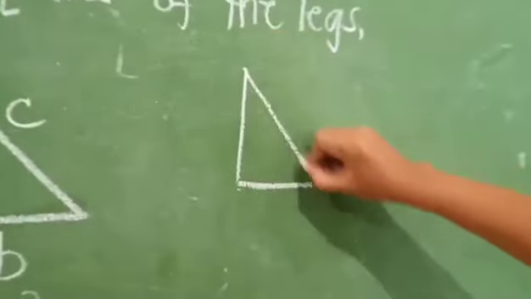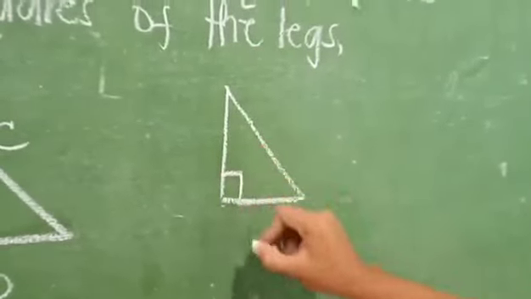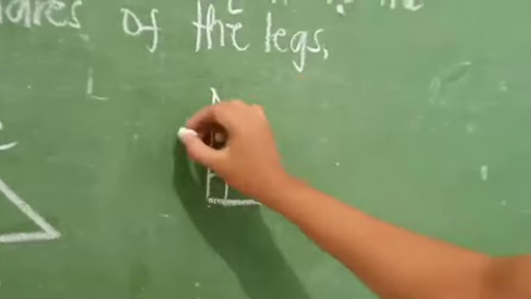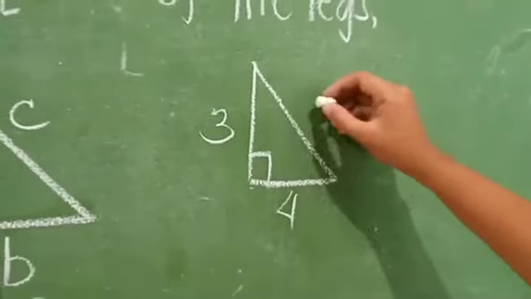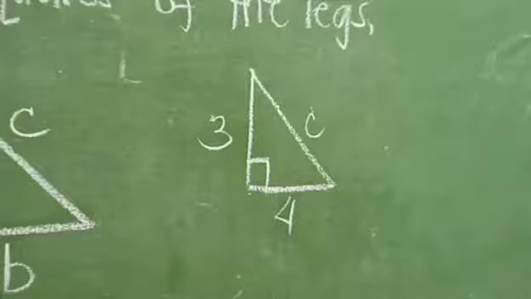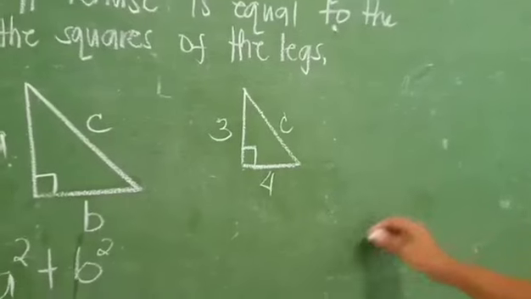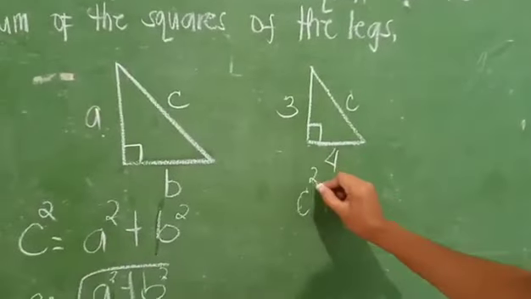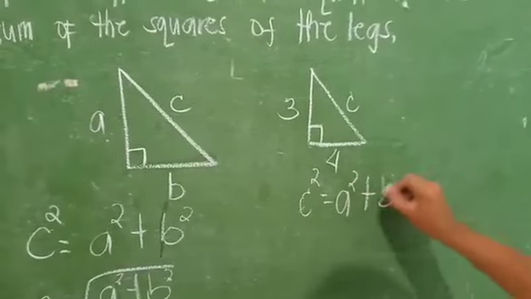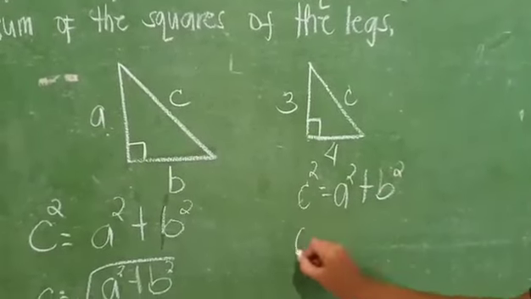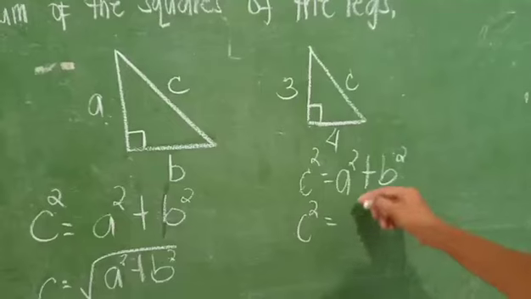In a right triangle, the legs measure 3 units and 4 units. Now the missing side is the hypotenuse. Let's use the formula C squared is equal to A squared plus B squared. Now substitute the given.